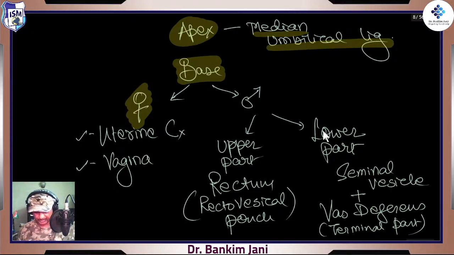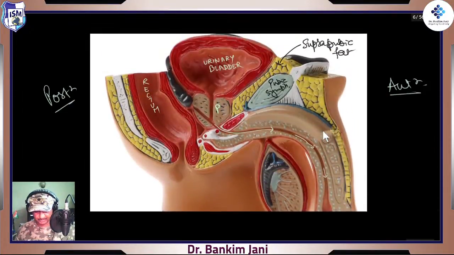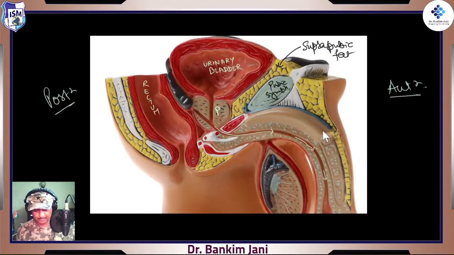In case of male, upper part and lower part, right? Let's watch it, here it is. See how the upper part is associated with the rectum, and what about the lower part? That's where the prostate and everything would come.